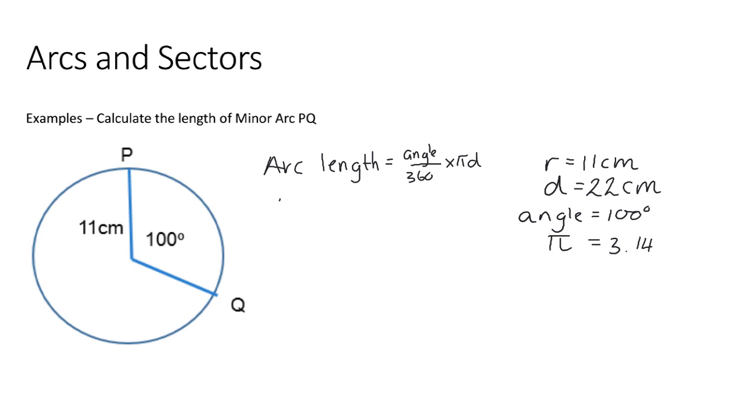When we're doing these, you don't have to keep on writing arc length. You can just write arc equals 100 over 360 multiplied by 3.14. The pi and the d are stuck together. I know in maths that means multiply.